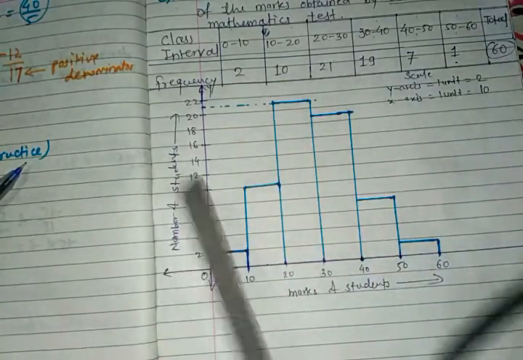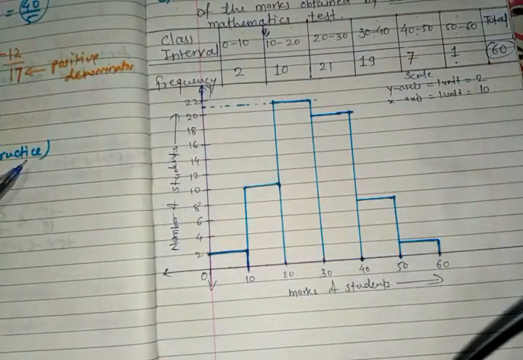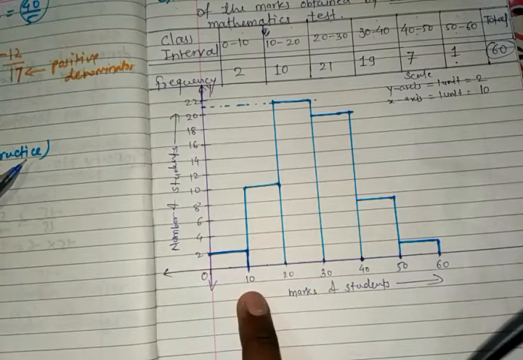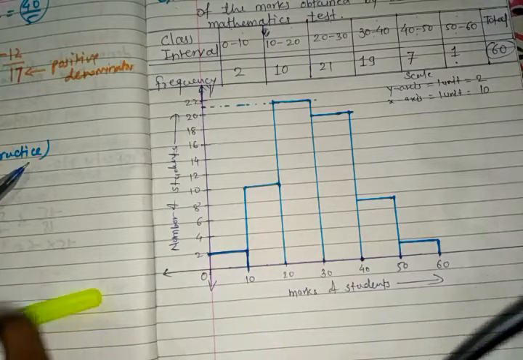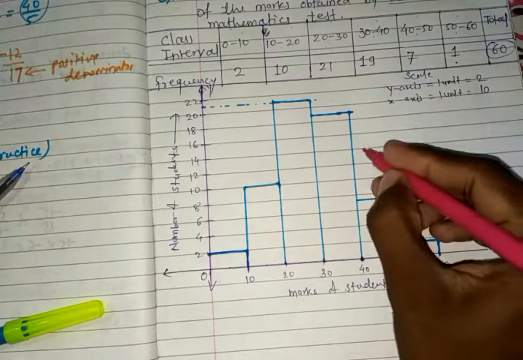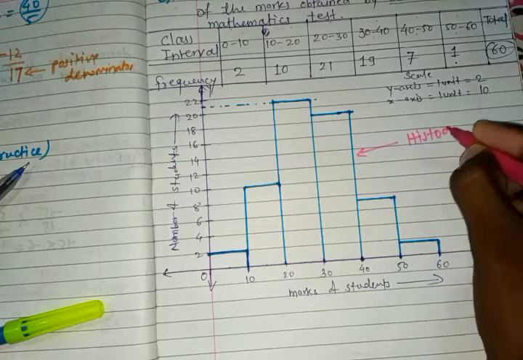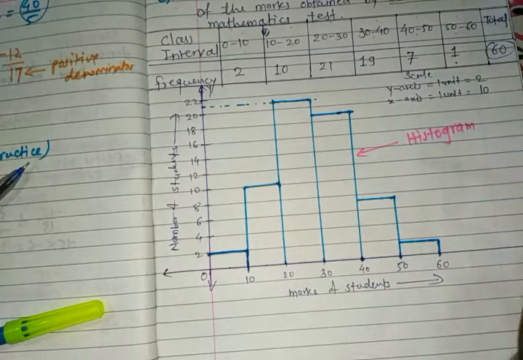Now you see what is the difference between the previous bar graph and this bar graph. In the previous bar graph there is a gap in between, but now in this bar graph there is no gap. So such type of bar graph is known as a histogram.